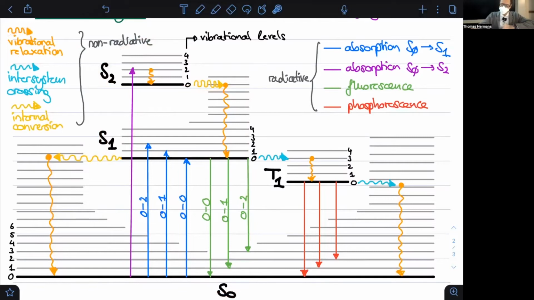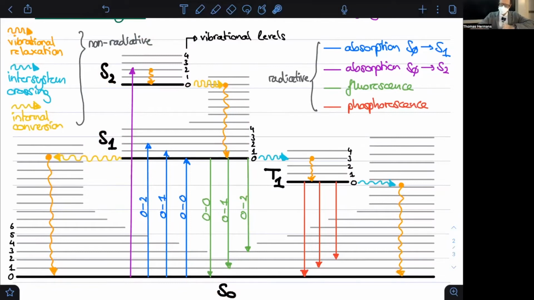So I can go from S2 to S1, or I can go from S1 to S0, right? So once I cross into S0, I have vibrational relaxation. And these are typically, we'll go back to the time scales, but these are typically very fast processes, 10 to the minus 11 seconds, which is short.